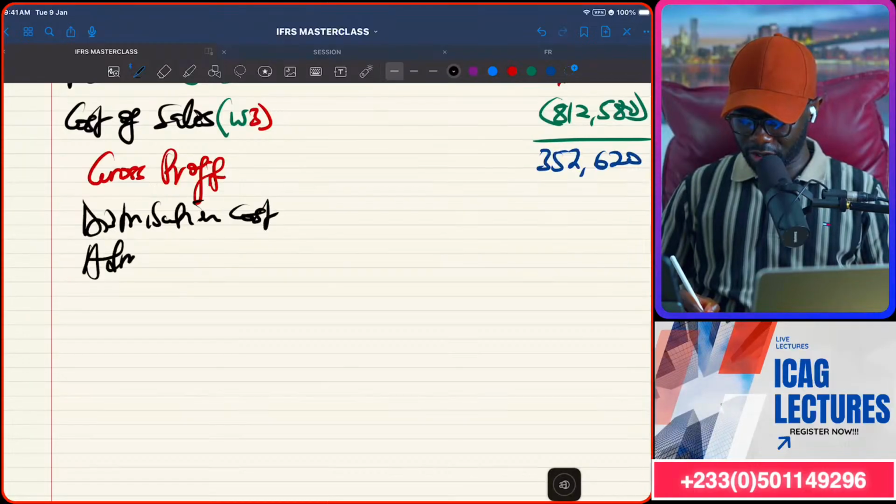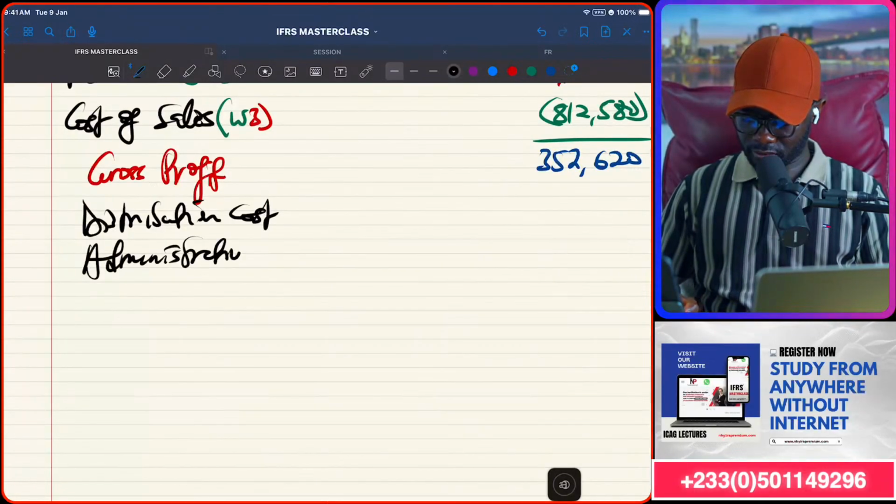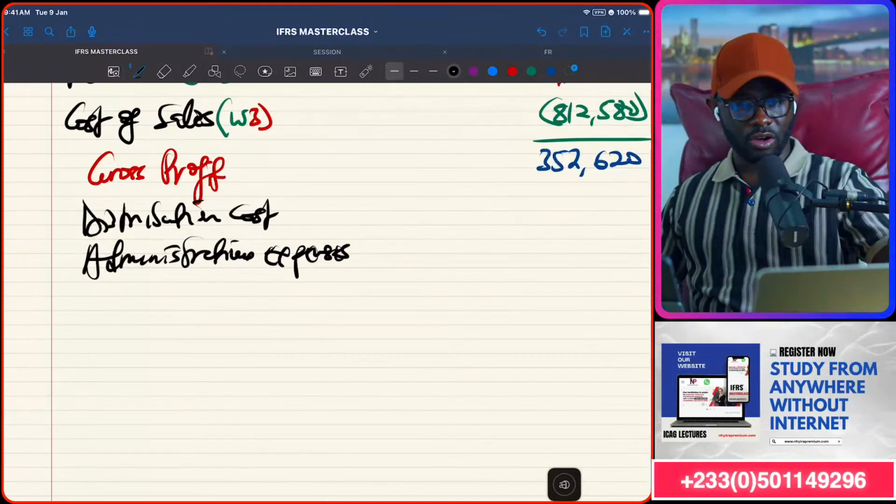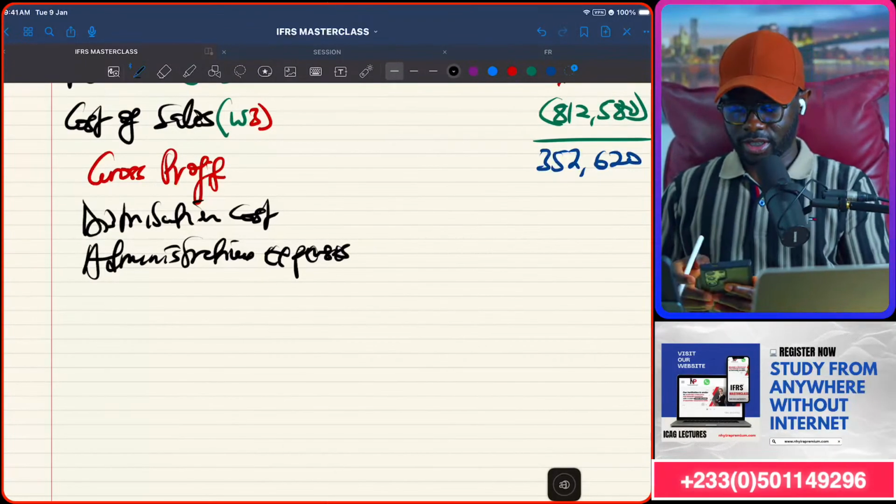Then we bring in the distribution cost, and then administrative expenses. Remember, we said we're going to work for these on the face of the financial statement.